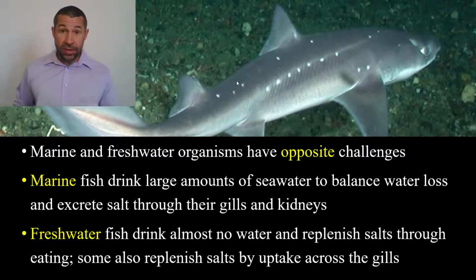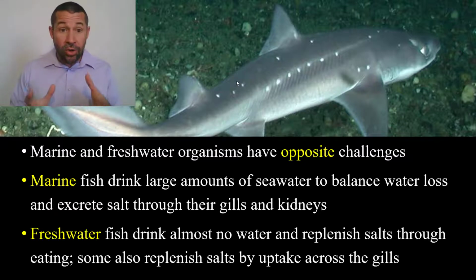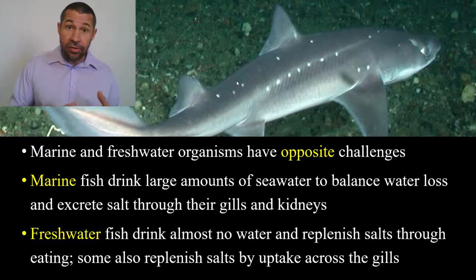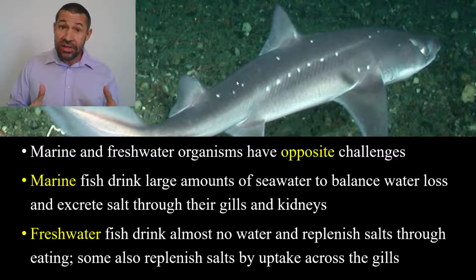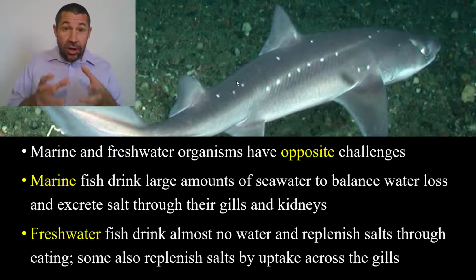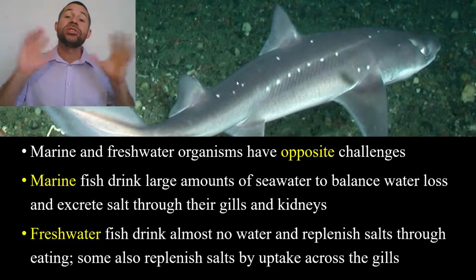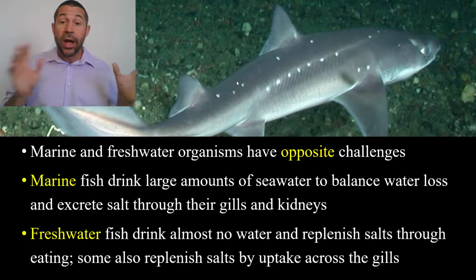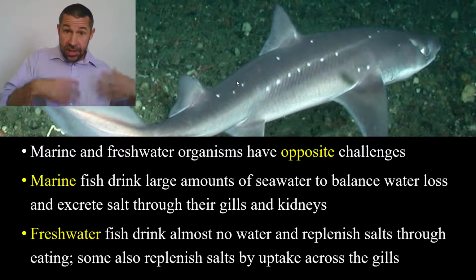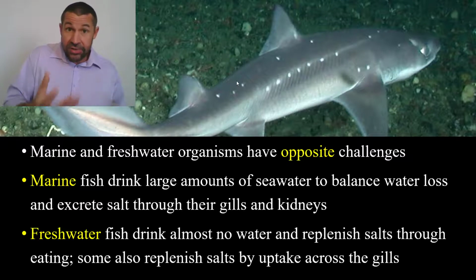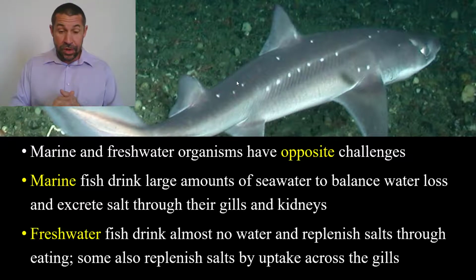So marine or oceanic saltwater fish and freshwater fish have opposite osmoregulatory challenges. Marine fish that live in the salty, hypertonic ocean are constantly losing water out of their gills in the countercurrent exchange as they respire.